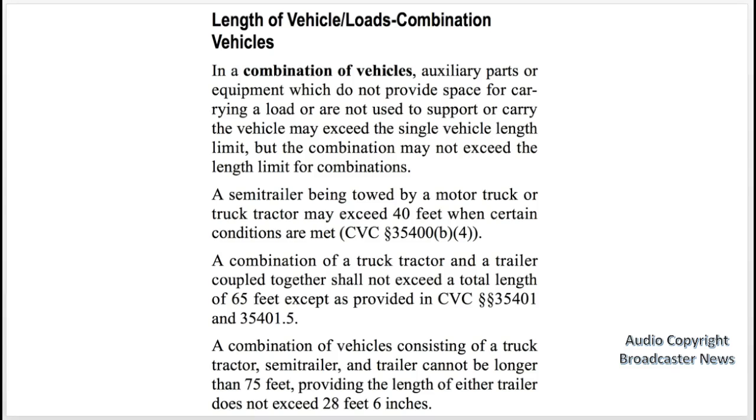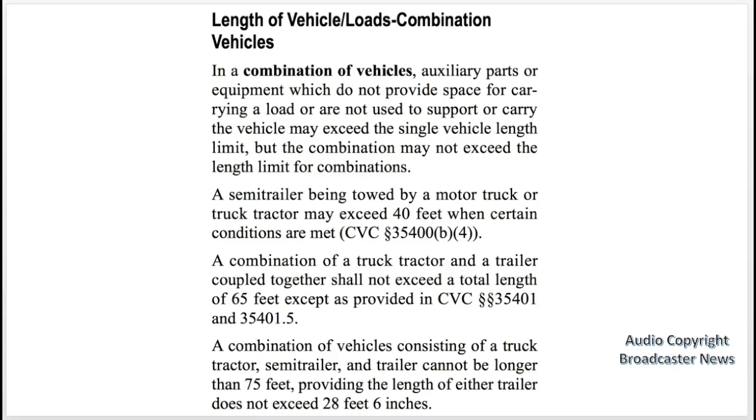A semi-trailer being towed by a motor truck or truck tractor may exceed 40 feet when certain conditions are met. A combination of a truck tractor and a trailer coupled together shall not exceed a total length of 65 feet, except as provided in CVC 35401 and 35401.5.